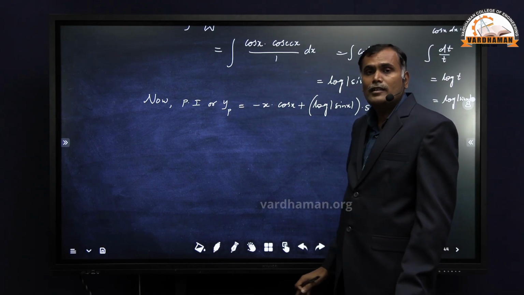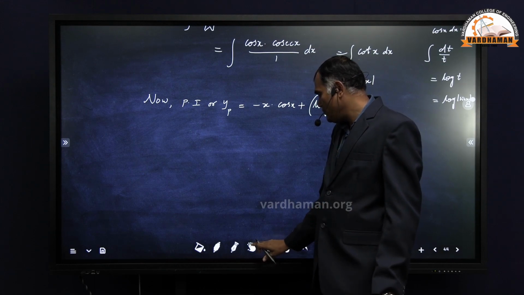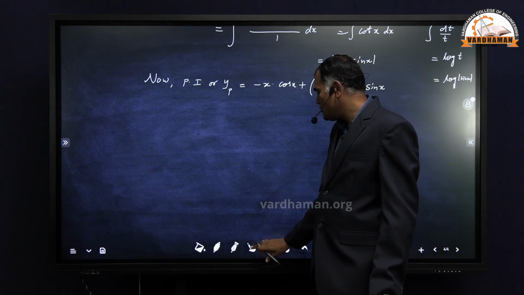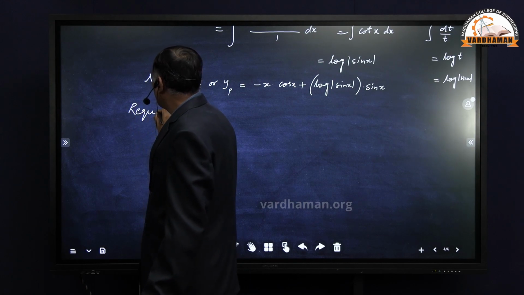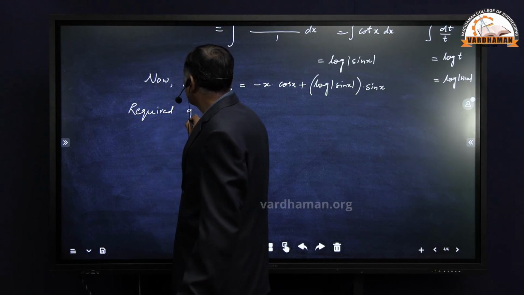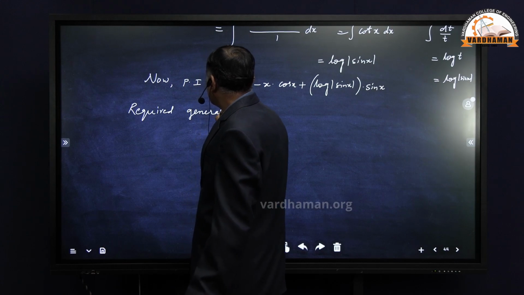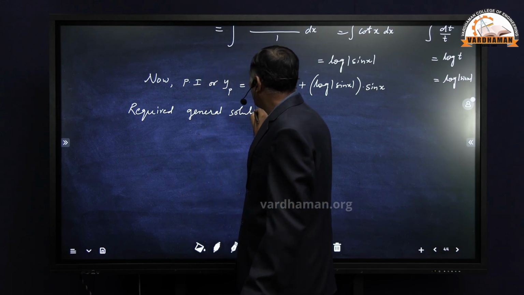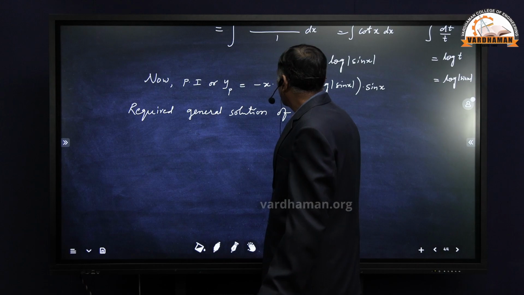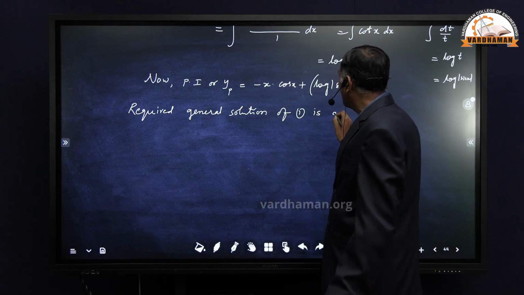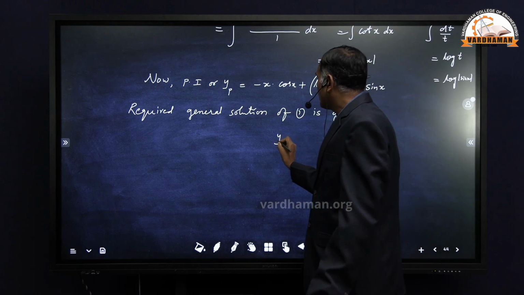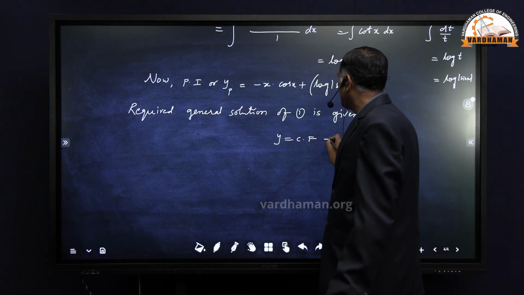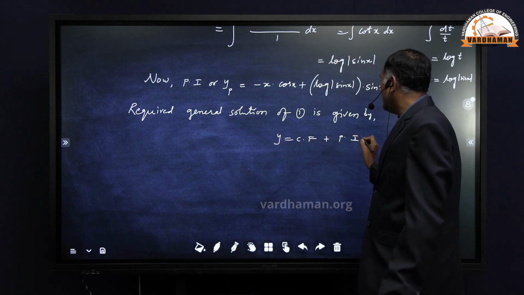Now finally, the required general solution of the given problem 1 is given by the complementary function plus the particular integral.